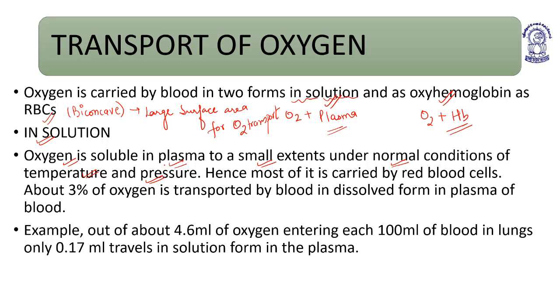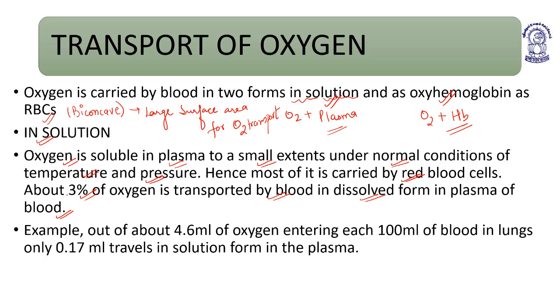Hence, most of it is carried by red blood corpuscles in the form of oxyhemoglobin. About 3% of oxygen is transported by blood in dissolved form in plasma. The rest, around 97%, is transported by the RBCs or red blood corpuscles, right?